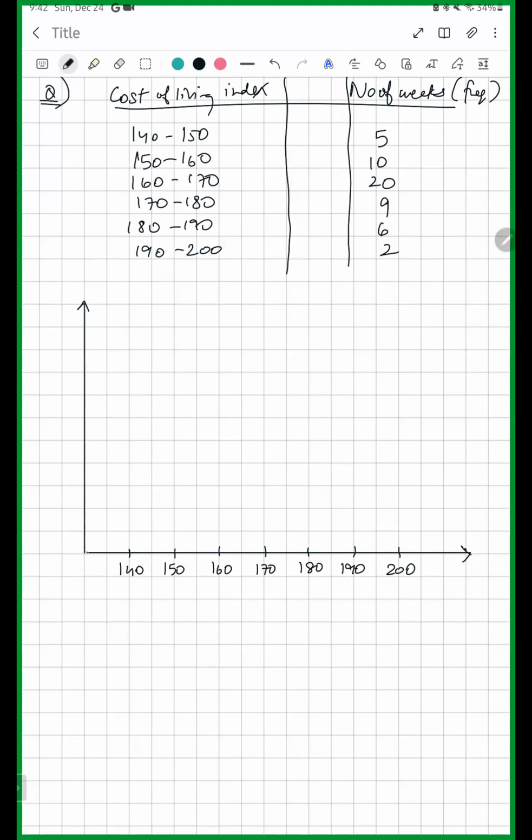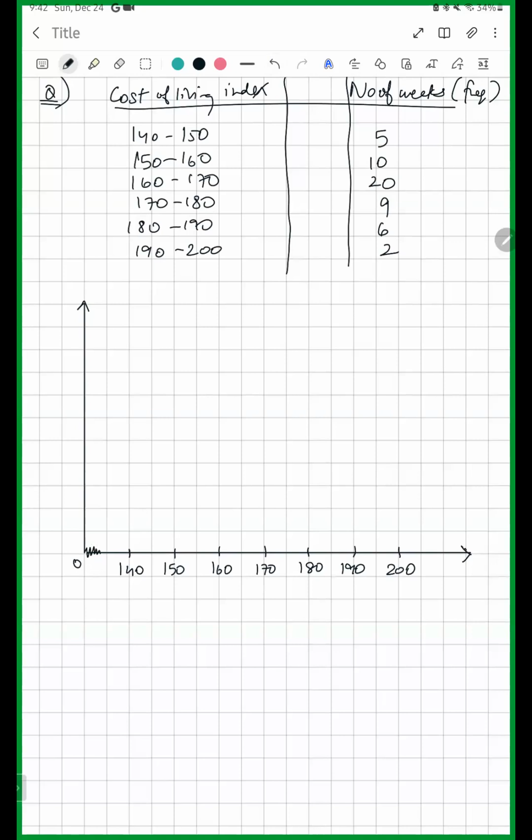Now the distance between any two of them is 10, but we are starting from 0, right? So we will just write this 0 and we will make this jagged line.